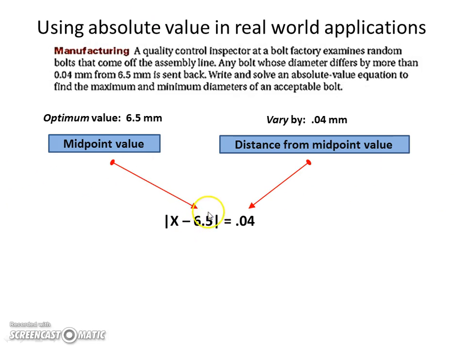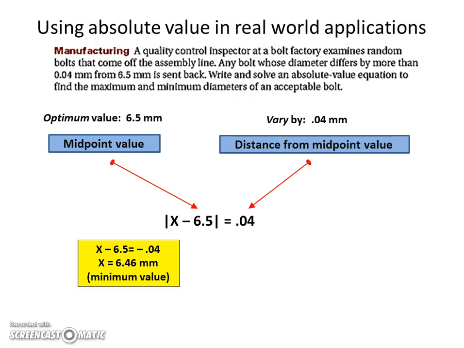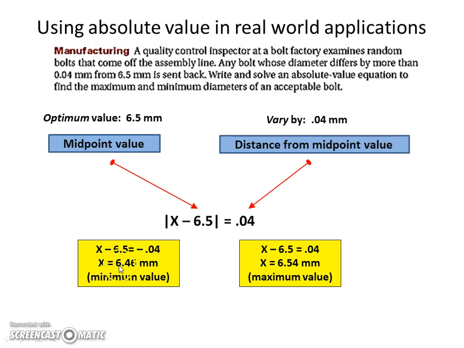So once again, we want it to be 6.5, but we're allowing it to vary by 0.04. So we can either take away that 0.04, or we can add the 0.04. There's our minimum value, 6.46 millimeters, and our maximum value would be 6.54 millimeters.